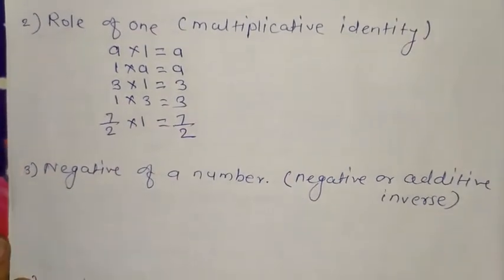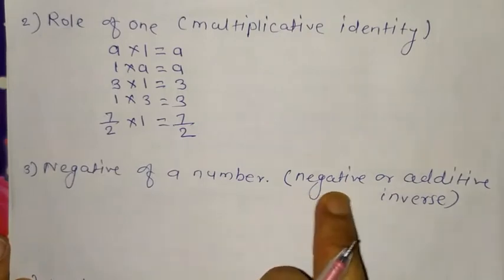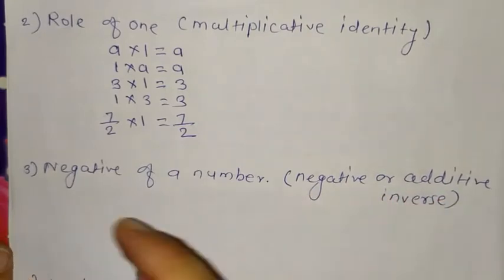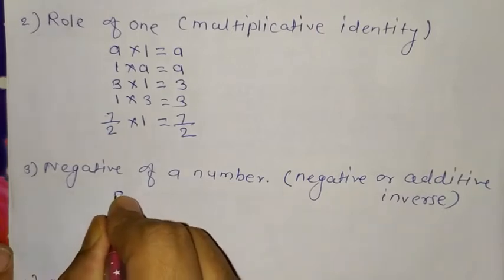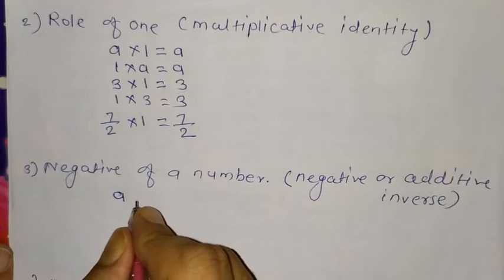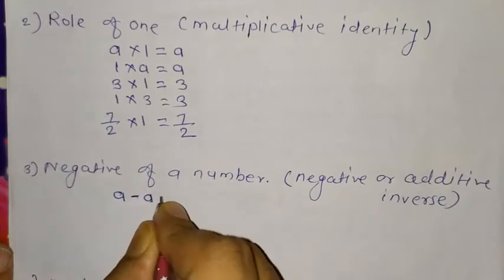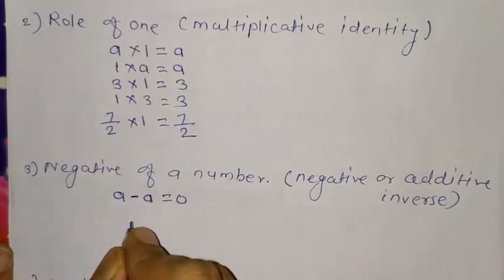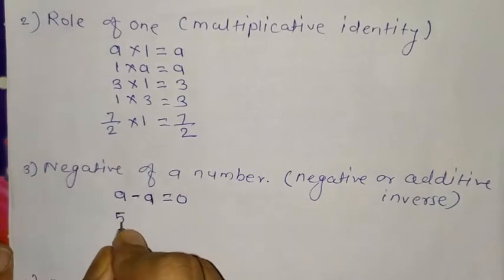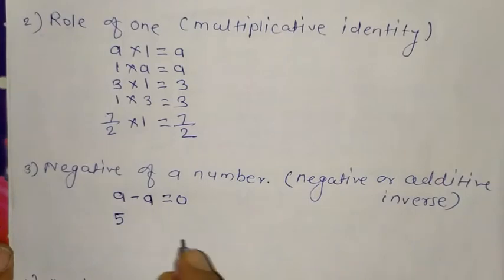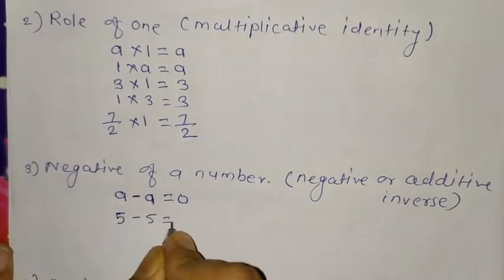Next one is the negative of a number. The common name is additive inverse. Meaning if you have a number like a, and you write its opposite, minus a, we get 0, where a is any number. For example, the negative of 5 is minus 5, so we get 0.